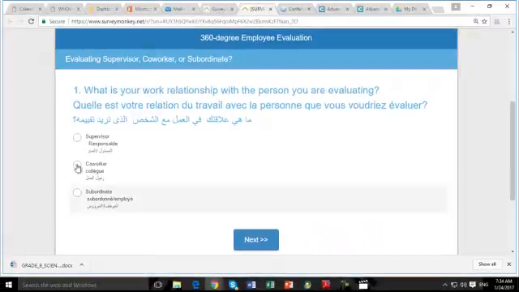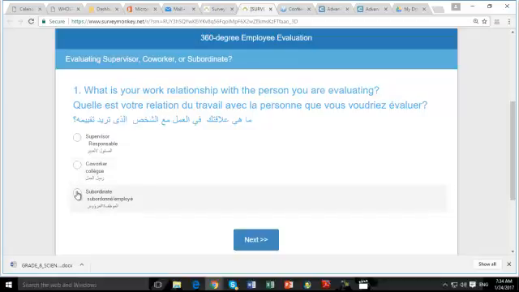If you choose James as your co-worker, it will land you to a survey that requires you to evaluate James as a co-worker. Co-worker means your peer, the person who is at the same group level. If you are teachers, all the other teachers are your co-workers.